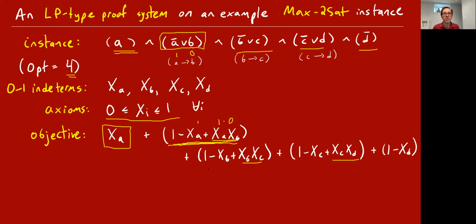And so we've written down this expression for all the clauses. Here I wrote down 1 minus xd to capture that d is supposed to be false. And if I really insisted that the xi's were always 0 or 1, then this would exactly capture this max 2-sat instance.